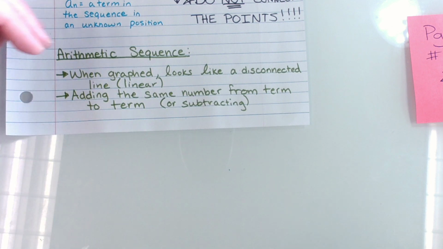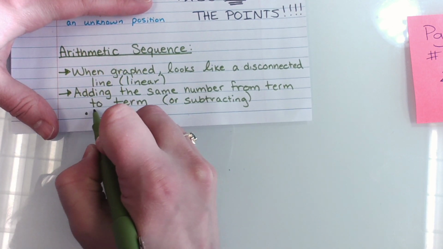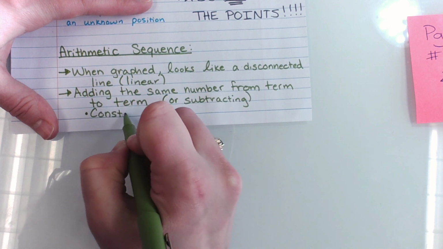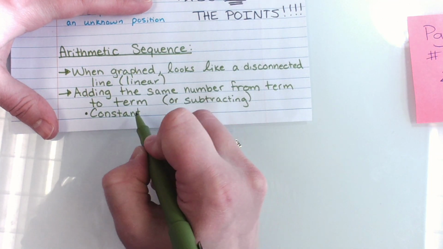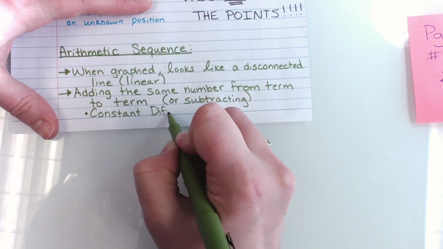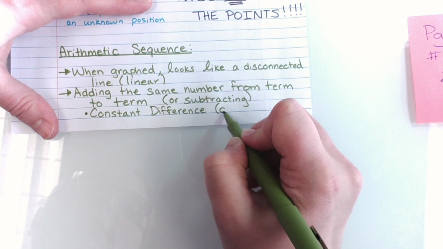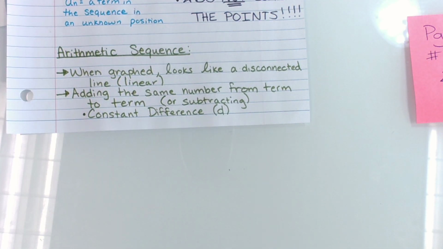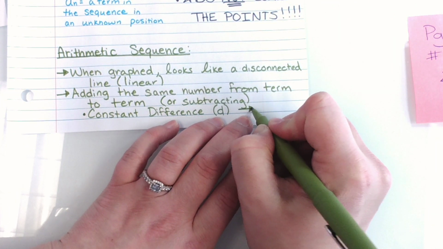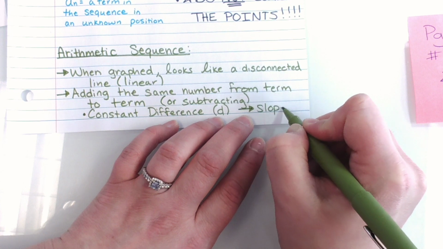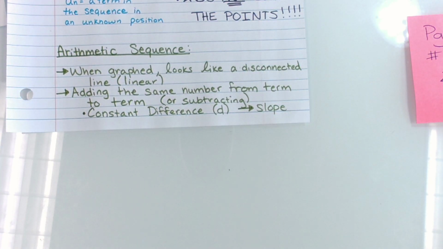Now that number that you're adding every time is known as the constant or common difference, and that common or constant difference is always depicted as d, the lowercase d. By the way, that common or constant difference is also equivalent to the slope of a linear equation.